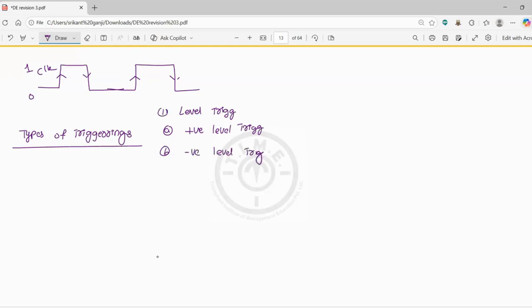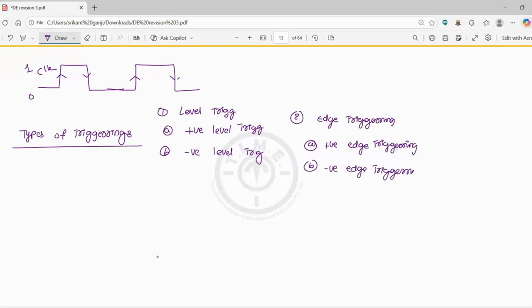The second one is called edge triggering. The A value is positive edge triggering, and the B value is negative edge triggering.